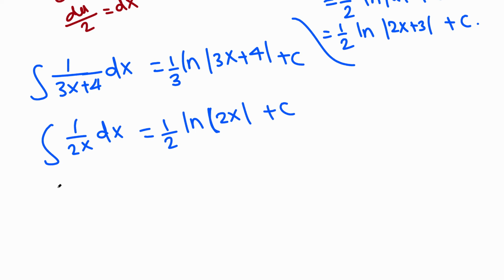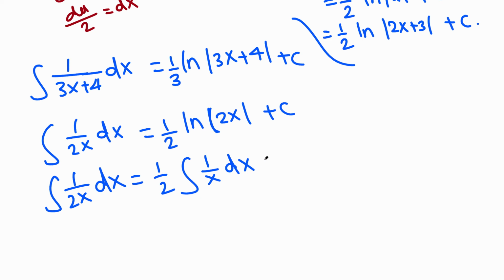Then wait a minute, what we did earlier, 1 over 2x dx, is the same as pulling the 2 outside, 1/2, which leaves 1 over x dx, and that's 1/2 natural log of x plus c. So we got two different functions for the same question, 1 over 2x dx.